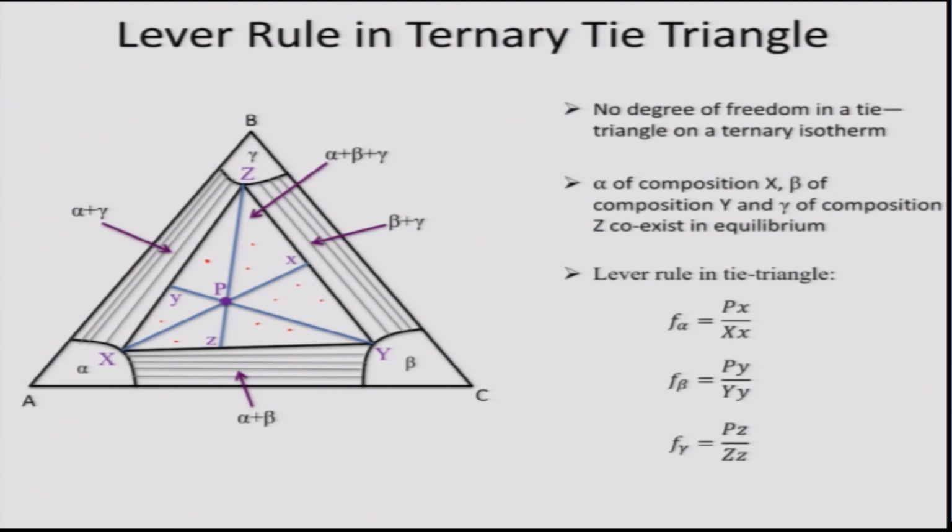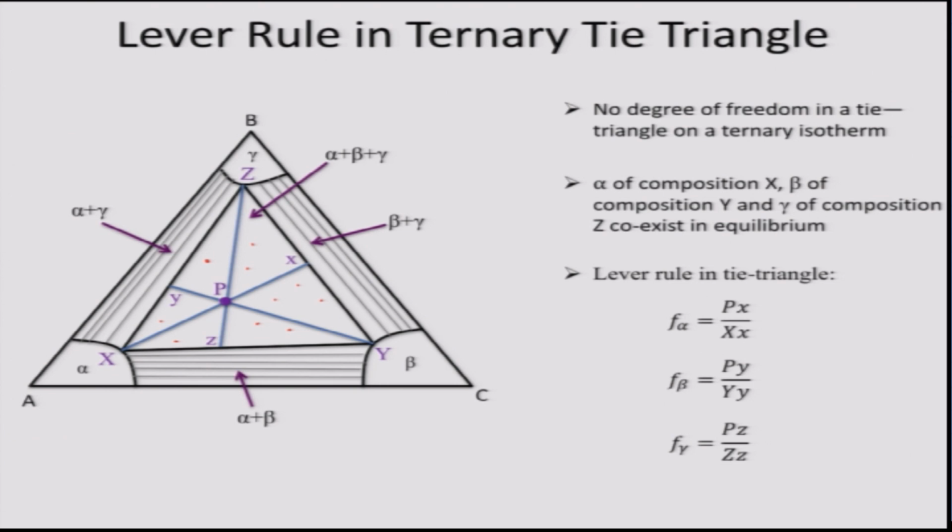And again, that is because the degree of freedom in the 3 phase region is 0 on a ternary isotherm. With change in composition within this 3 phase region, the only thing that will change are the phase fractions of individual phases. The compositions of the phases remain the same.